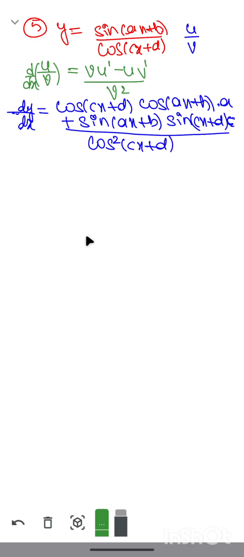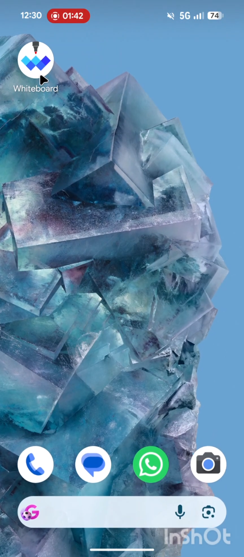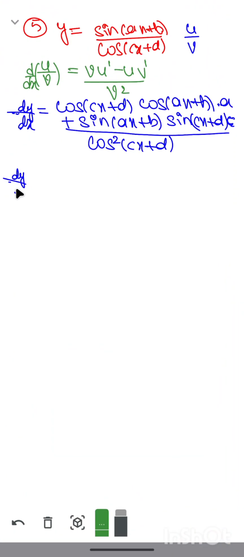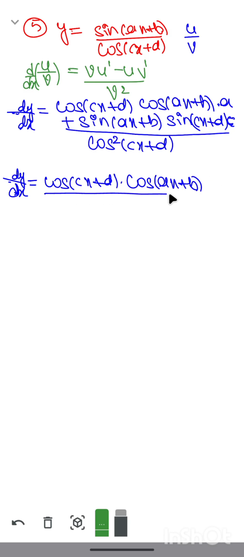V square is nothing but cos of (cx plus d) the whole square, that is cos square of (cx plus d). Now we can split the answer in the following form: dy by dx is equal to the first term divided by the denominator. What is the first term here? Cos of (cx plus d) into cos of (ax plus b) into a, whole divided by the denominator cos square of (cx plus d), plus the second term.